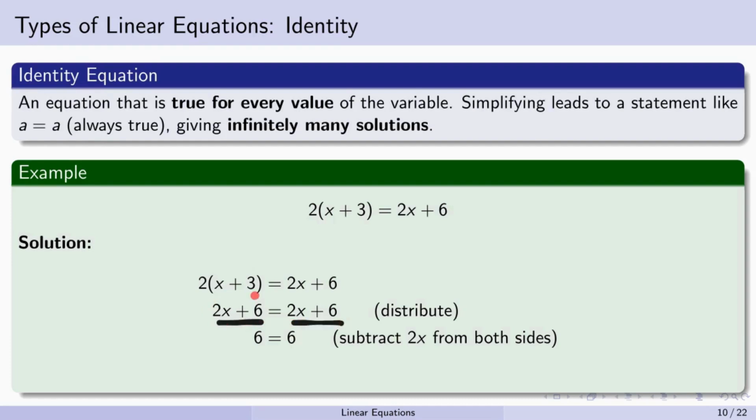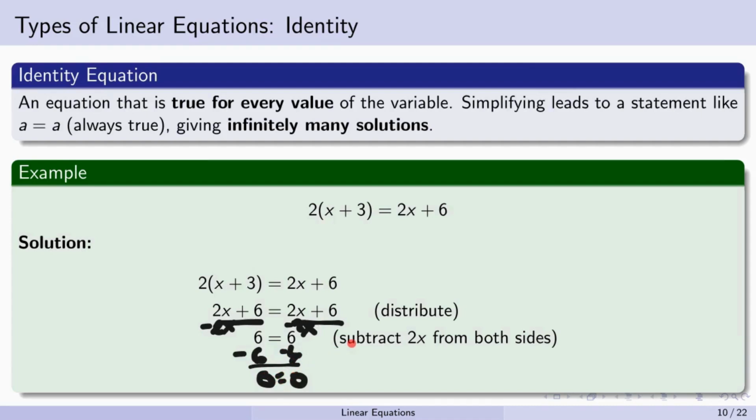So from here, we can see that we have the same expressions showing on the left-hand side and the right-hand side of the equation. Subtracting 2x from both sides gives us 6 equals 6. Subtracting 6 from both sides can also give us 0 equals 0.